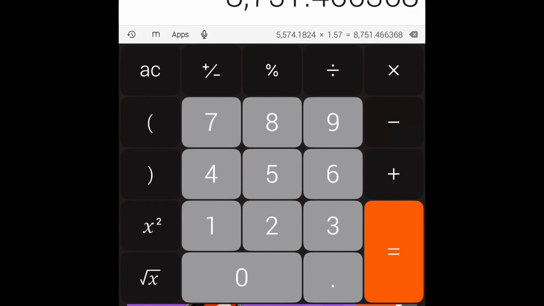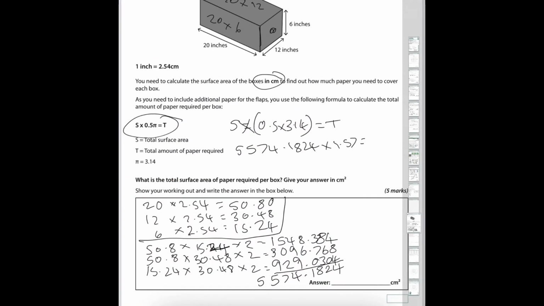So the answer down here is 8751.466. It will accept any kind of rounding. If that's the right number, it would accept you to put in 47, but it would also accept you putting the whole number in, the 368 at the end as well, as long as you don't round to probably more than 2 decimal places.